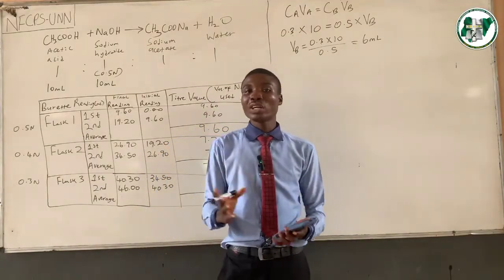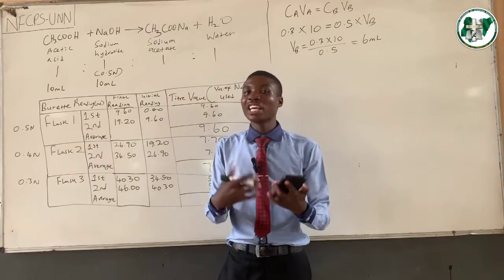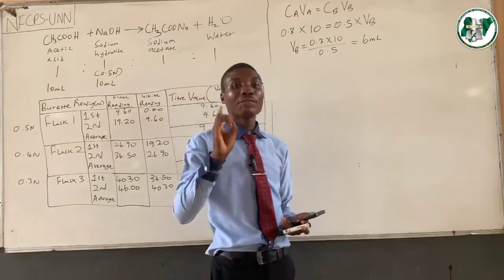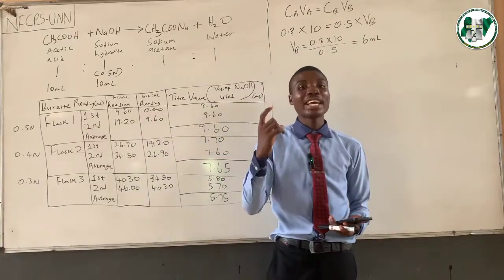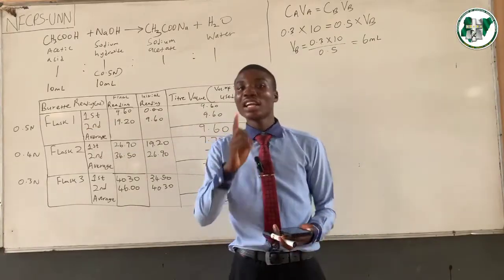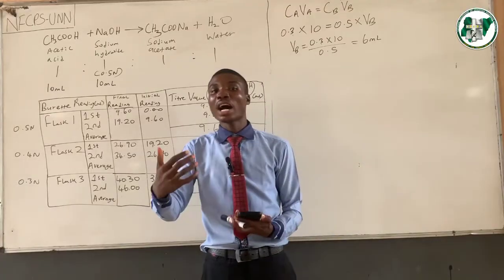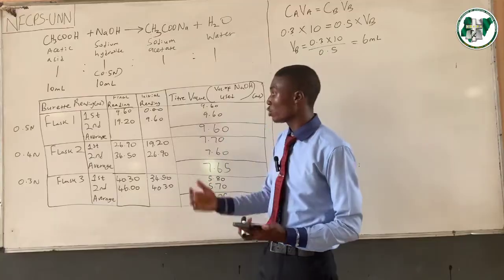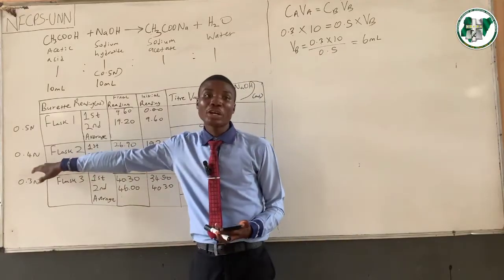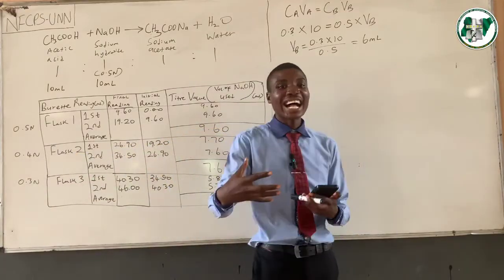So let us now work with the one that is variable, and let me explain a few things. In the first flask, where you have 0.5 normal acetic acid, you have a higher concentration of acetic acid. The implication is that the amount of adsorption that will take place there will be higher than the amount of adsorption that will take place in 0.4 normal, because the concentration had gone down.